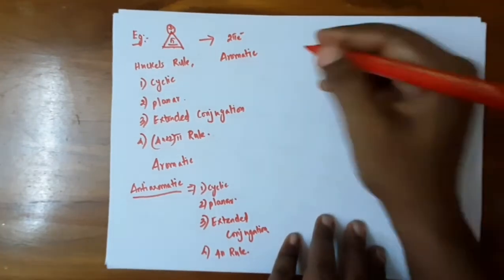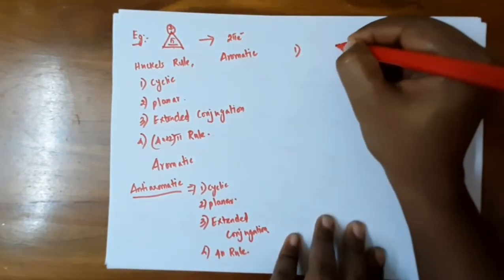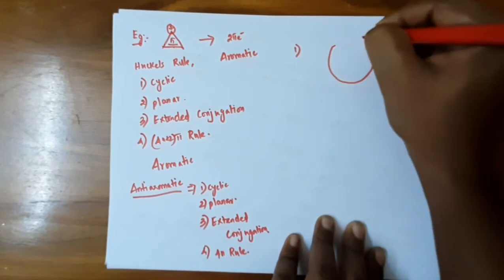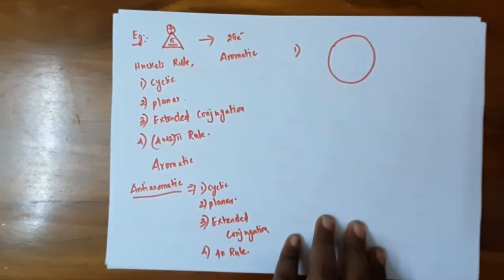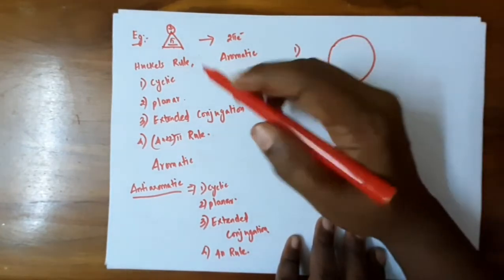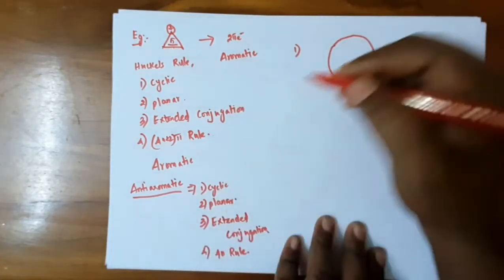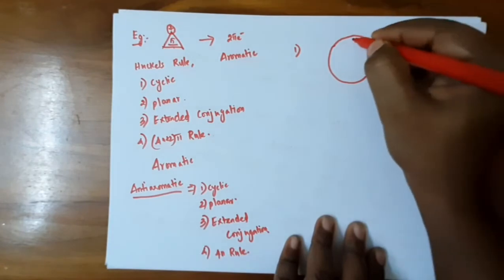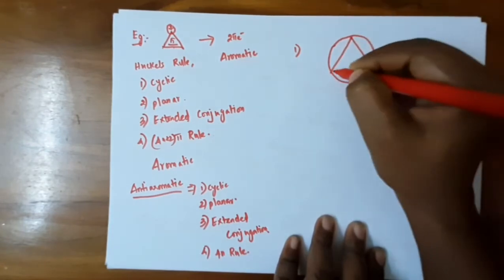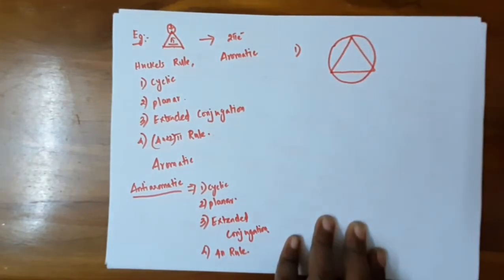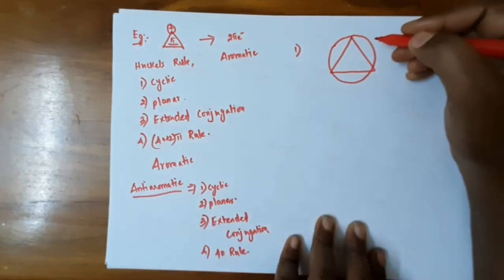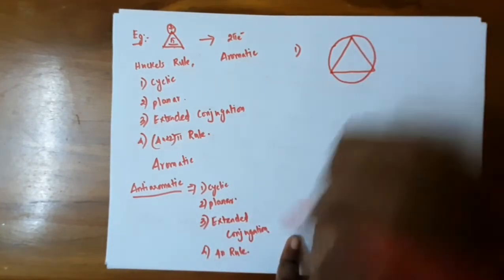For the Frost method, first we have to draw the circle. After drawing the circle, the polygon, that is the 3-membered ring, should be kept inside the circle. At the third point, one of the vertices should be at the bottom.